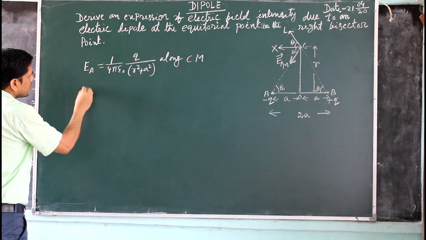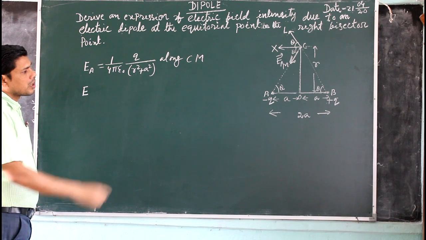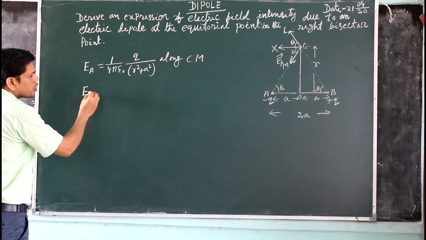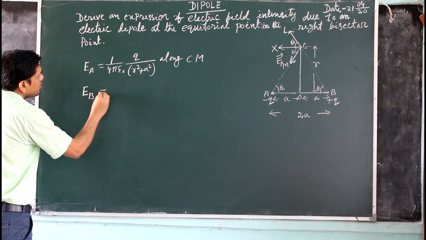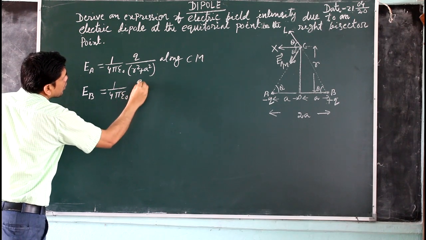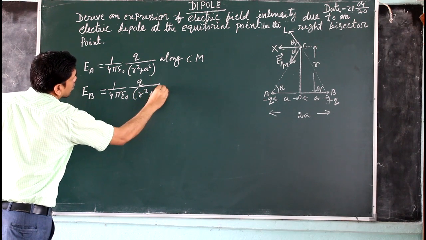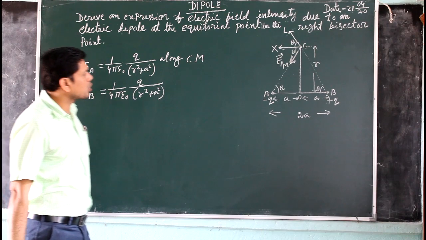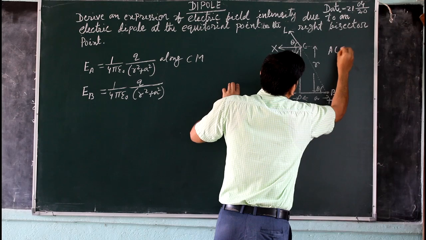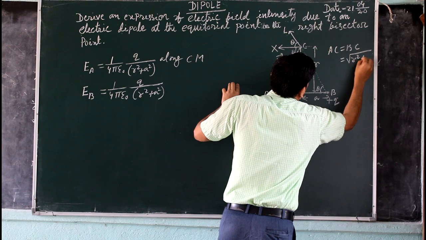The electric field at point C due to the plus q charge situated at point B, denoted by EB, is EB equal to 1 by 4 pi epsilon naught, q by r square plus a square, where AC equal to BC equal to root over r square plus a square.